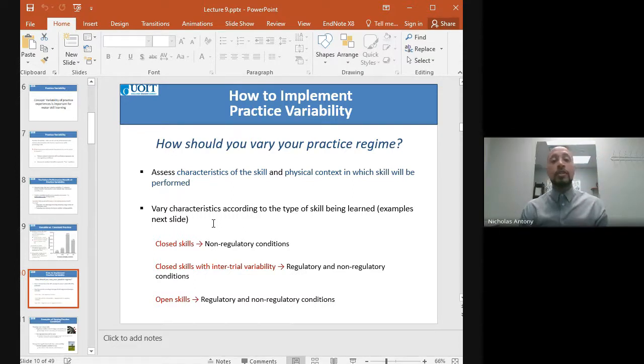Because it's a closed skill, then what you would want to do is then have them really practice, if it's just free throws you want them to do, right? Then you would consider changing the non-regulatory conditions for that motor skill, because it is a closed skill without intertrial variability.